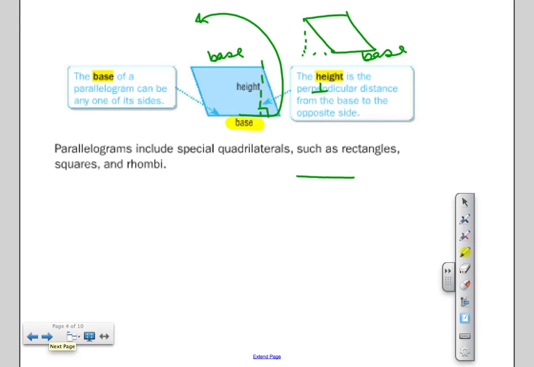So the base, you can define by saying a side of the parallelogram. And I'm going to show you an abbreviation for parallelogram that you're all going to love. See that symbol right there? That's a math symbol for parallel. So shorthand for parallelogram would be to write those two lines and write the word gram. You like it?